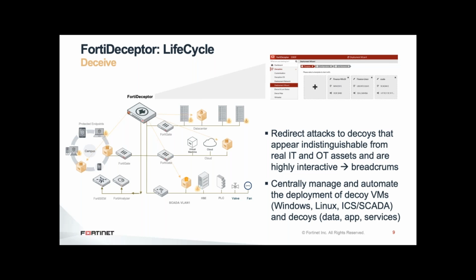Think about RDP shortcuts with cached credentials, network shares, PuTTY favorites, stuff like that. So when an attacker comes to a system and he tries to do a lateral movement, he checks and he sees stuff on the system that points him to our honeypot. Of course, the attacker has no idea he's going to a honeypot. So that's the whole idea about it. And the cool thing is we can not only do that for Windows and Linux environments, but we can also emulate SCADA environments, which is kind of cool.